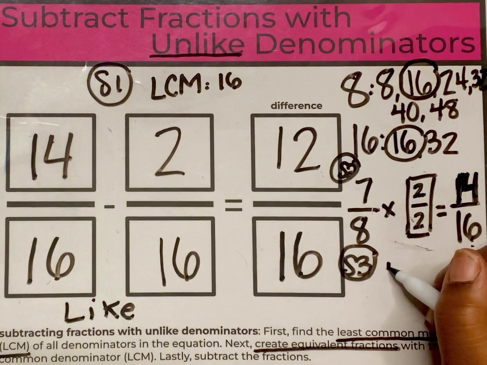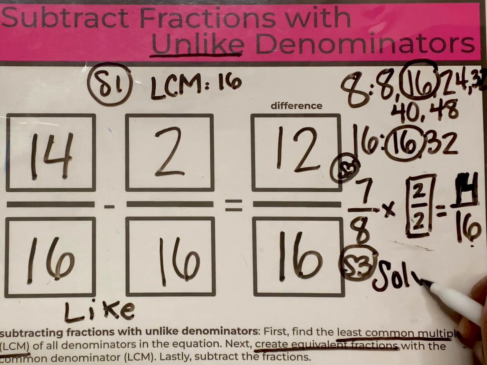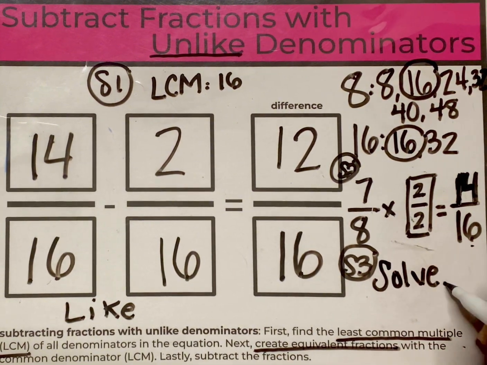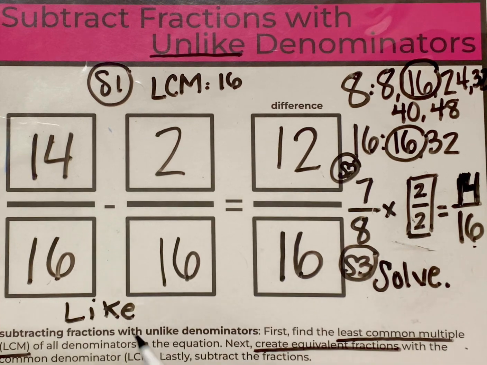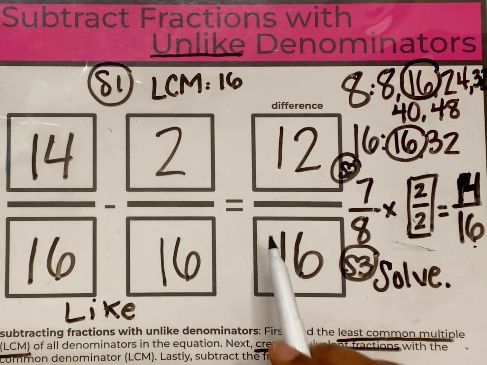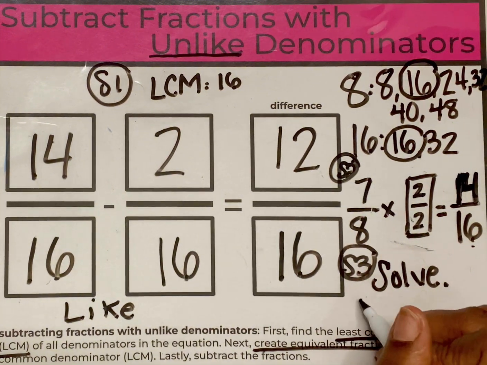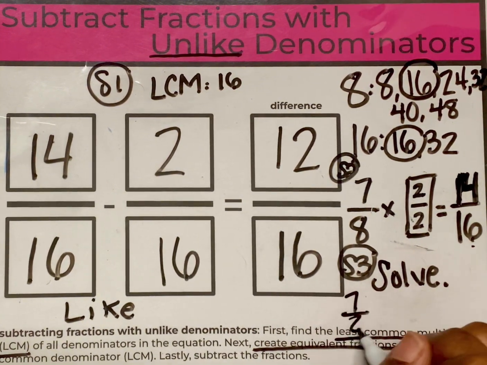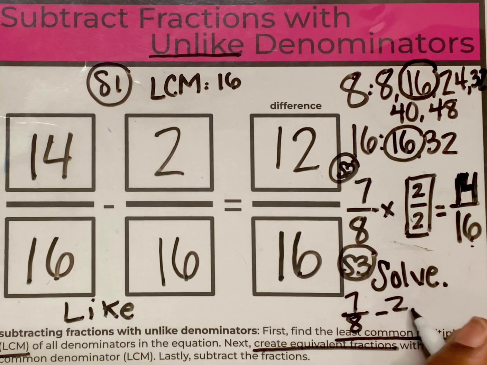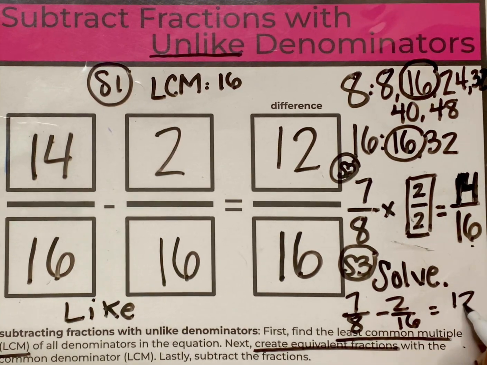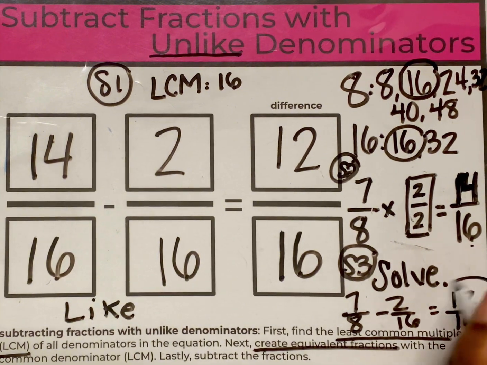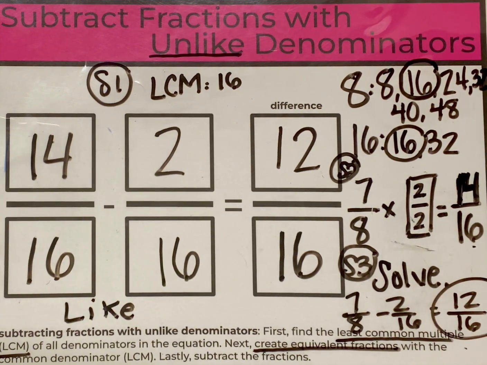And now that I have the same denominator in both of those fractions, I can solve it. 14 sixteenths minus 2 sixteenths gave us 12 sixteenths. Right. So 7 eighths minus 2 sixteenths equals 12 sixteenths.